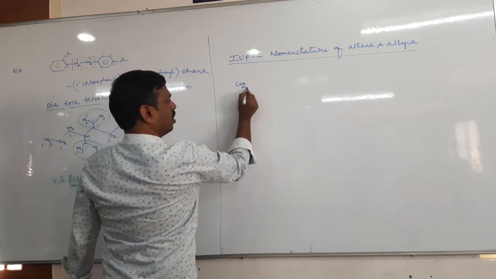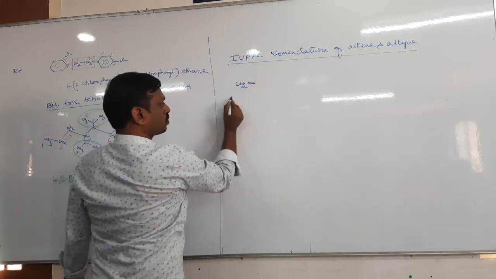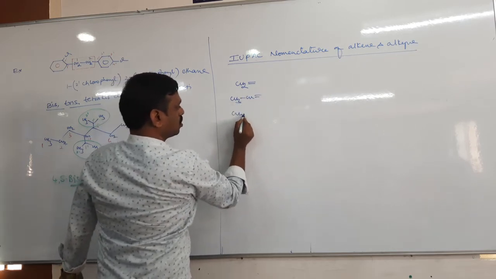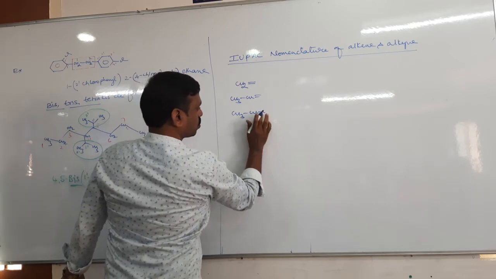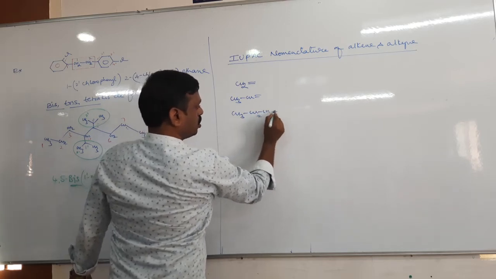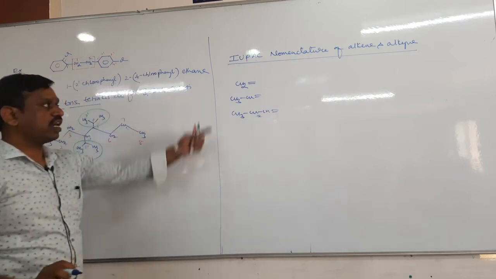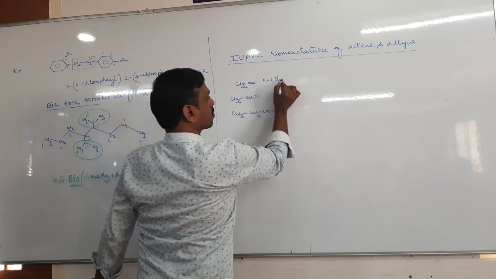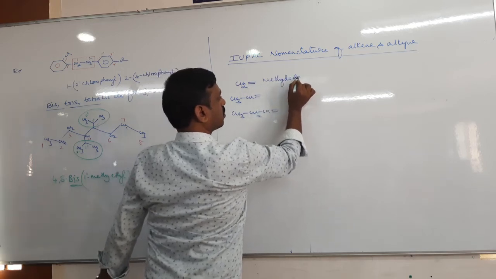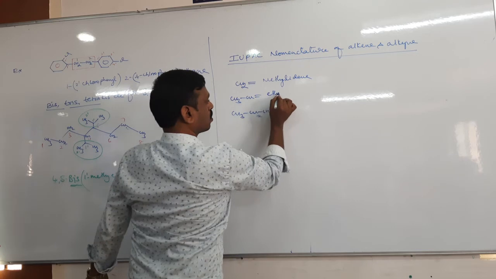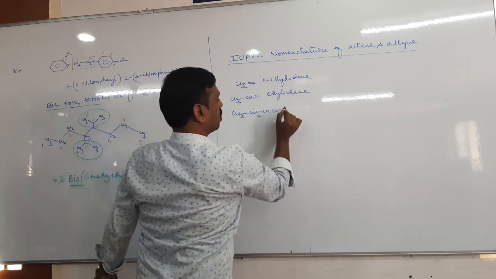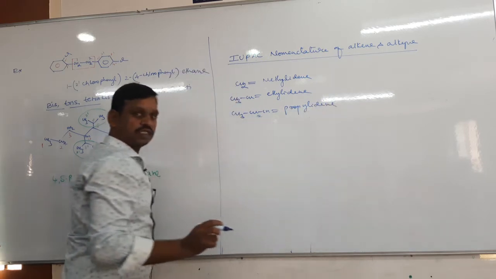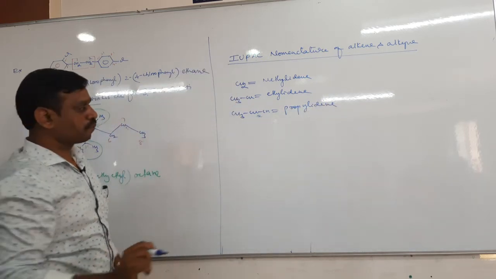So already we have written, if side chain contains CH3, CH double bond, CH3, CH2, CH2 double bond, methylidene, right? Methylidene, ethylidene, propylidene. Yes or no? Propylidene.